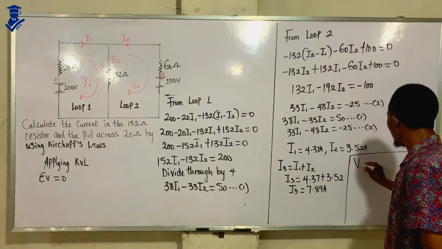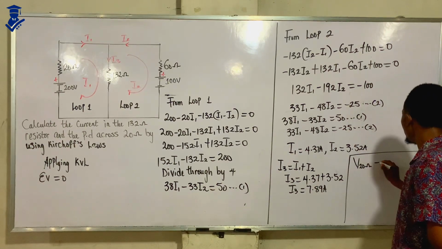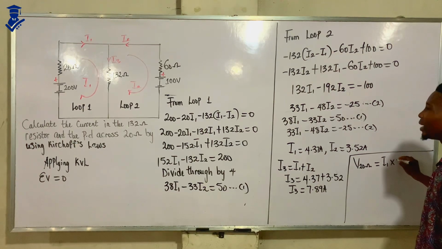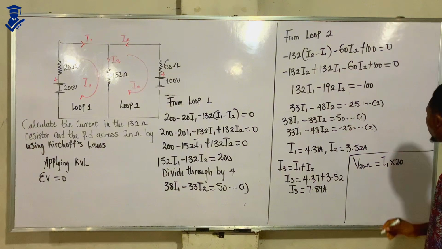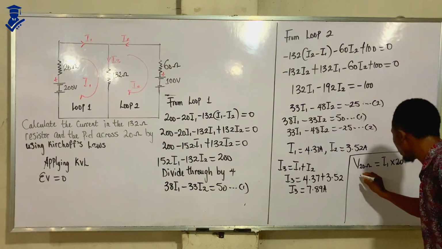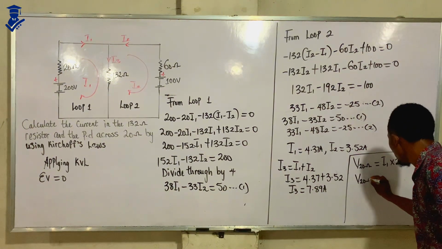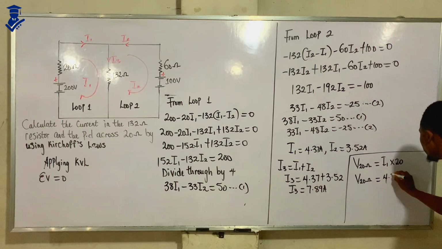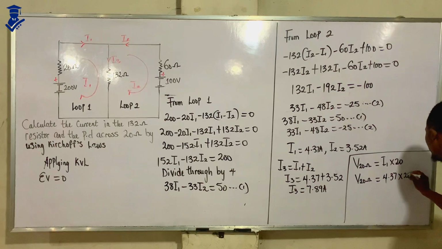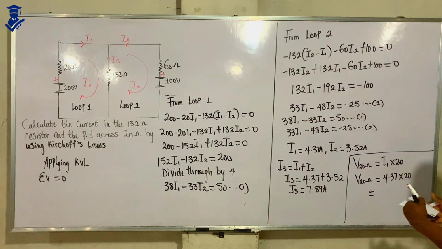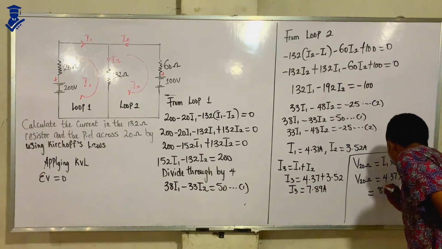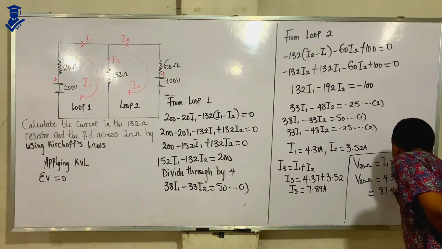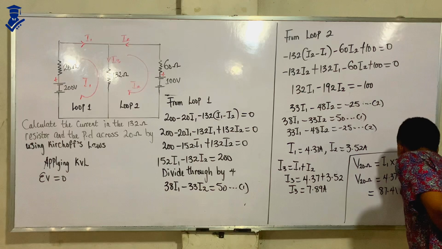So V for the 20 ohms resistor is going to be equal to I1 multiplied by 20 ohms, which is the resistance of the resistor. So V is equal to I1, which is given to us as 4.37, multiplied by 20, and this is going to be equal to 87.4 volts.